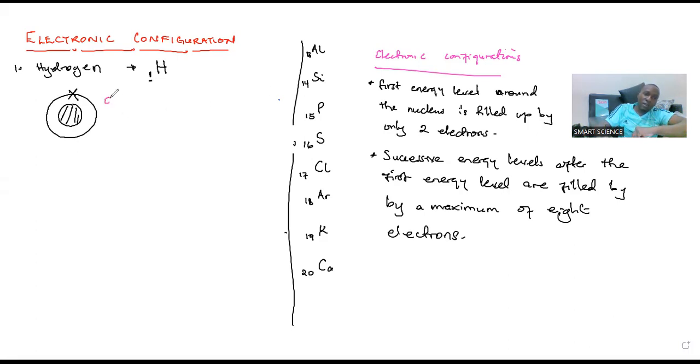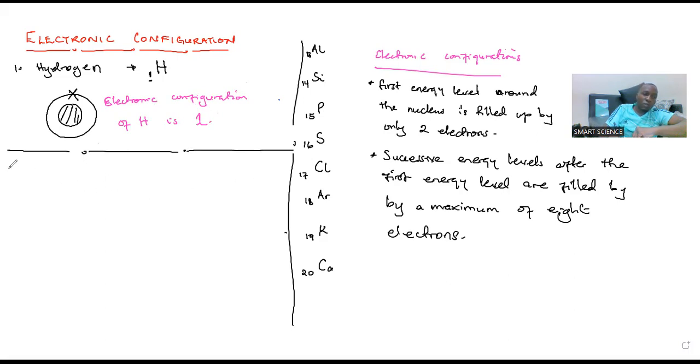Therefore, the electronic configuration of hydrogen is simply 1, because hydrogen has only 1 electron.